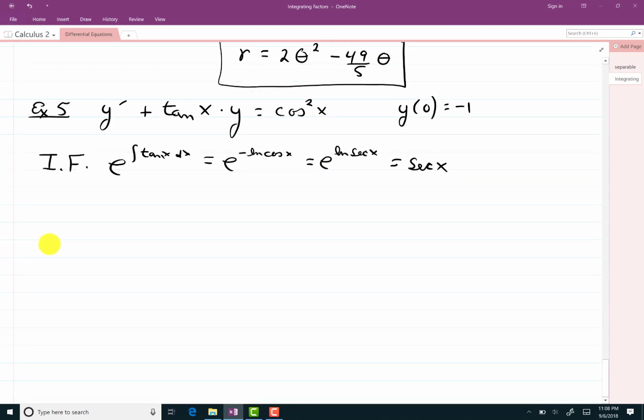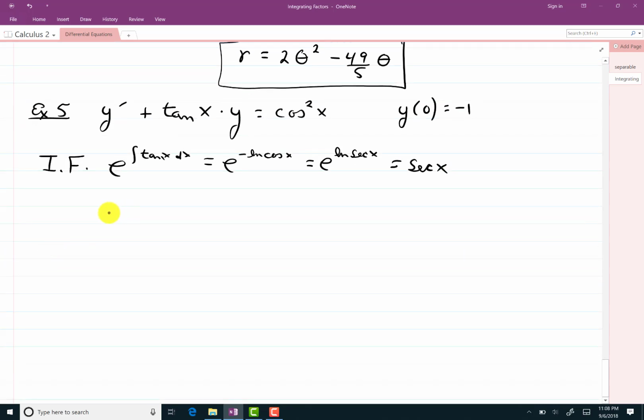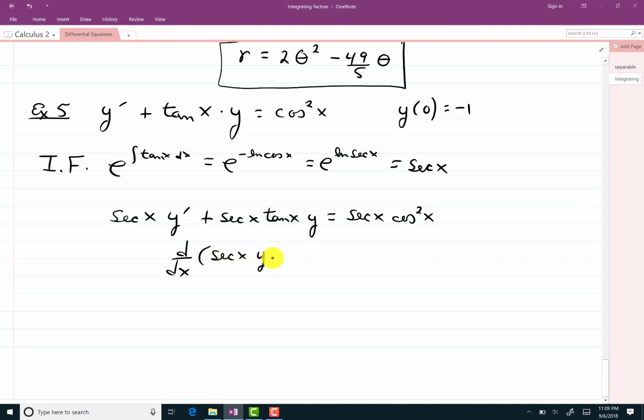So I will multiply everything through by secant of x. So I'll get secant of x times y prime plus secant of x tangent of x y equals secant of x times cosine squared of x. And you can already see, since the derivative of secant of x is secant tan, the left side does exactly what it's supposed to and compresses down to the derivative of secant of x times y.